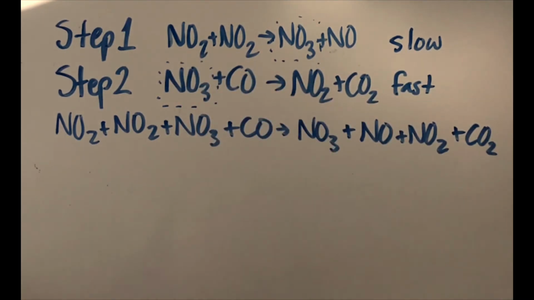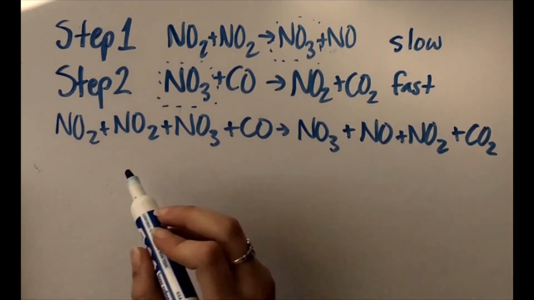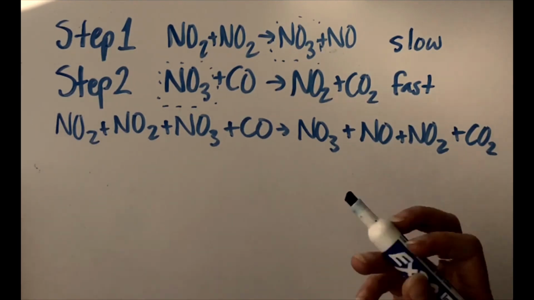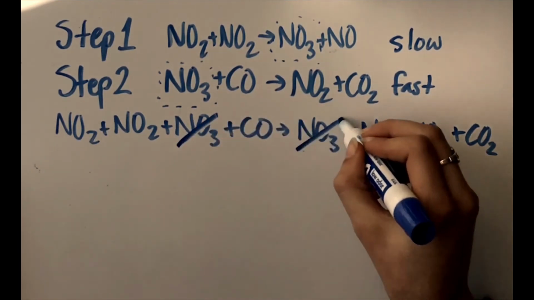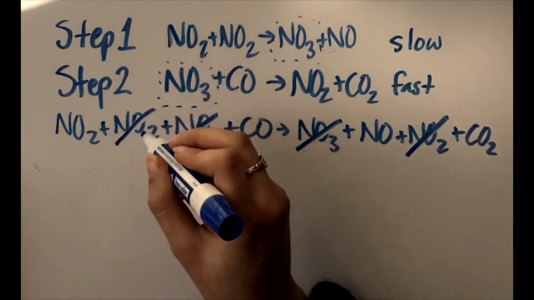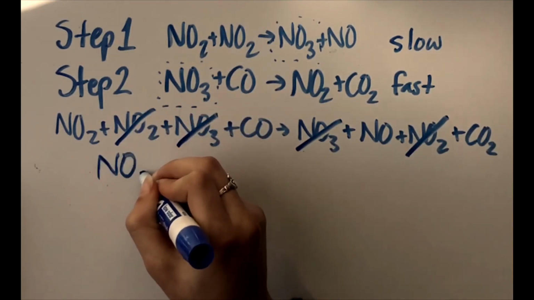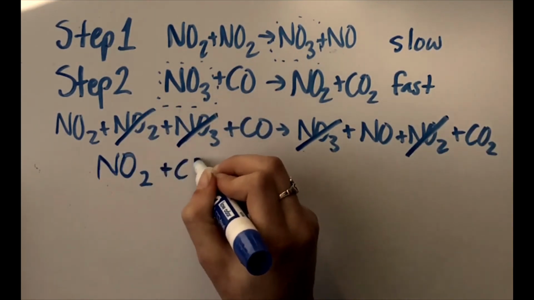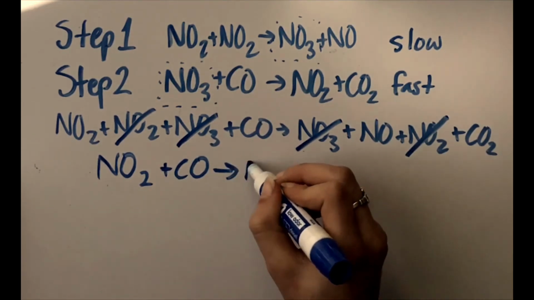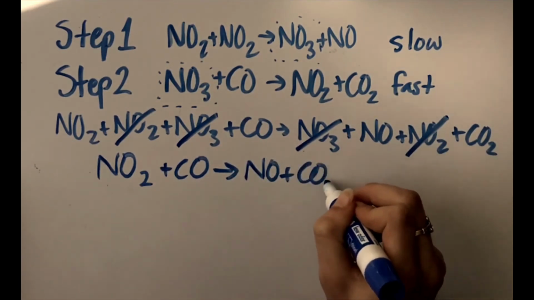This is what we call an intermediate, and like we talked about before, intermediates are not going to show up in your overall equation or in your rate law. So we can cancel things that show up on both sides of this overall equation, which includes our intermediate NO3 and one of these NO2s. So that our overall equation is NO2 plus CO yields NO plus CO2.